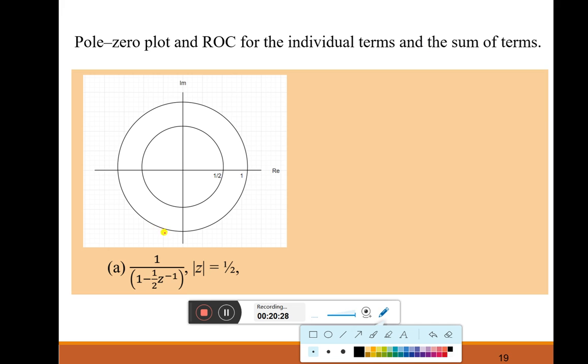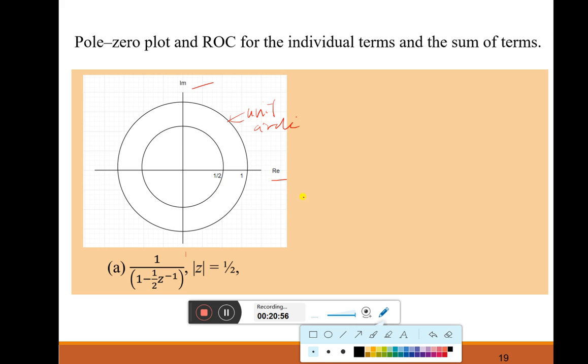Yang pertama tadi, so we have poles here. So kita lukiskan Z plane. Okay, so you lukiskan punya Y axis, X axis dengan unit circle. And then kita tengok bahawa dia punya pole adalah 1/2. So this is 1/2. Alright.